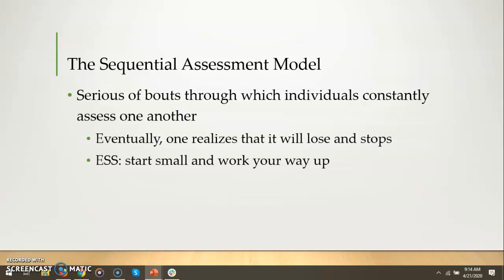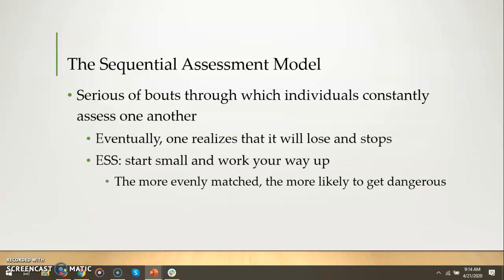And in fact, in these cases, very often, the most dangerous bouts are the ones where the combatants are most evenly matched, because it's much less likely that one will convince the other to give up. If you're very evenly matched with another individual, then they're not going to overwhelm you or you're not going to overwhelm them. And so there's nothing that's going to convince one or the other of the combatants that it's time to give up.